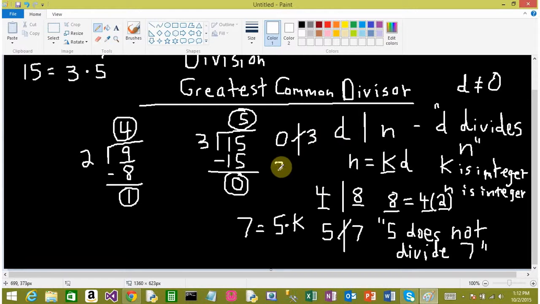Because 3 is equal to 0 times k, and no matter what value of k that we multiply by 0, we get 0, and that will not equal 3. So we know that that equation is not true. So that's why 0 can't divide anything else. Not even itself.